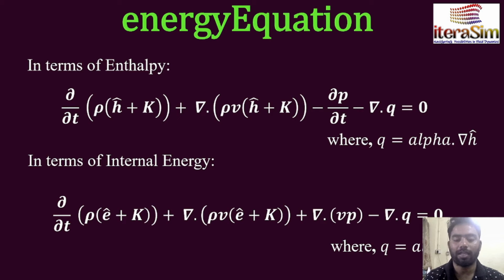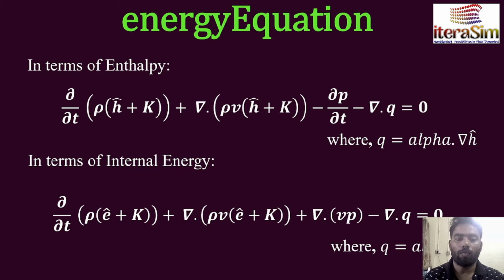Energy cannot be created or destroyed, it is only transferred from one form of energy into another form. That is the basic principle of the derivation of the total energy equation, and from that concept we derived these two equations in terms of the enthalpy and the internal energy.